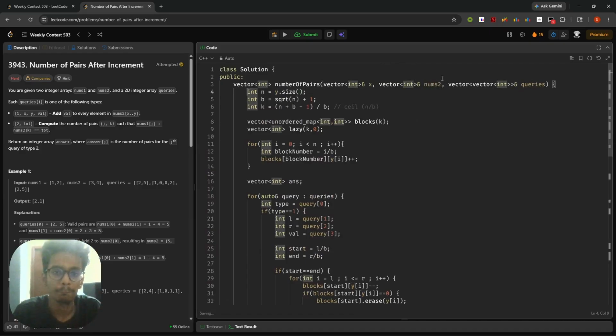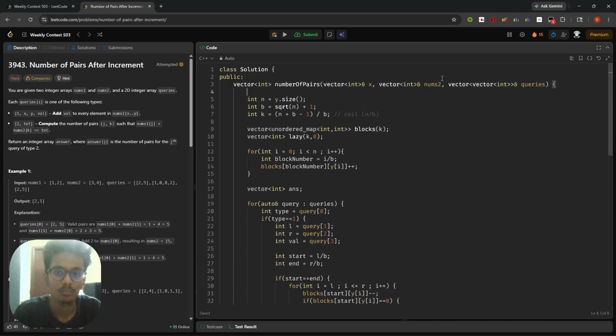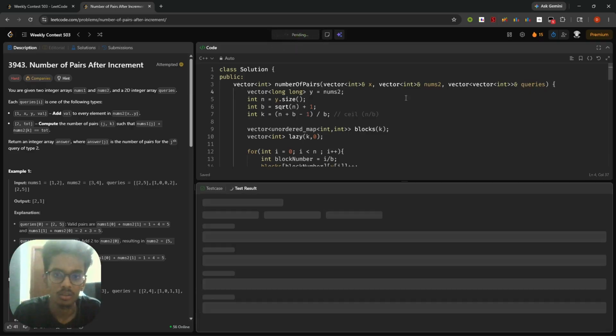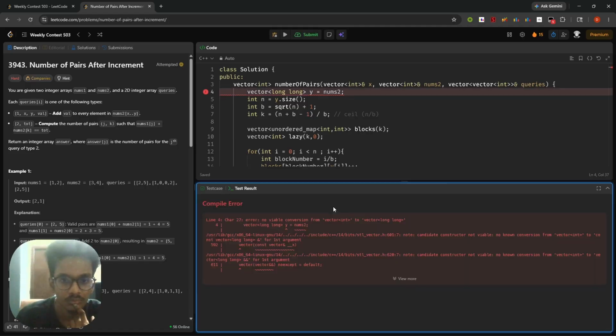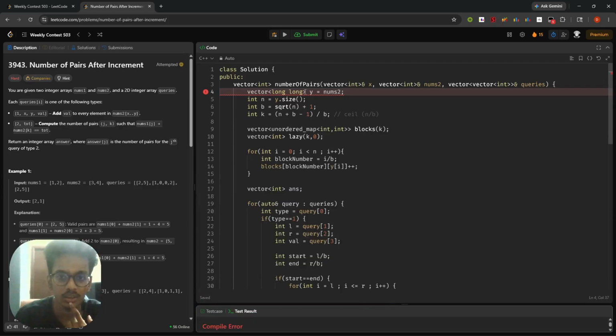And is there a better way to make an array completely long long, except for doing this vector long long? Y is equal to nums2. Okay, so it gives an error for sure.